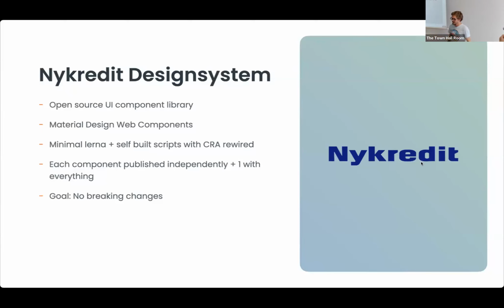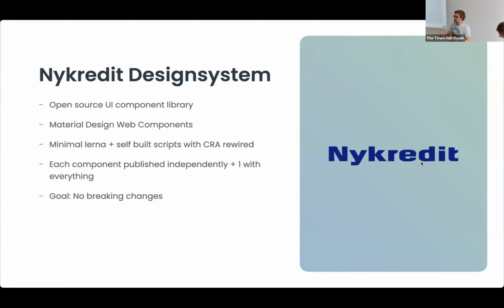That was it. Then they used some very custom build scripts and also Create React App Rewired, which meant they were fiddling with Webpack in order to handle deployment or publishing these packages properly. Each component is also published independently, and then they have one shared everything package.